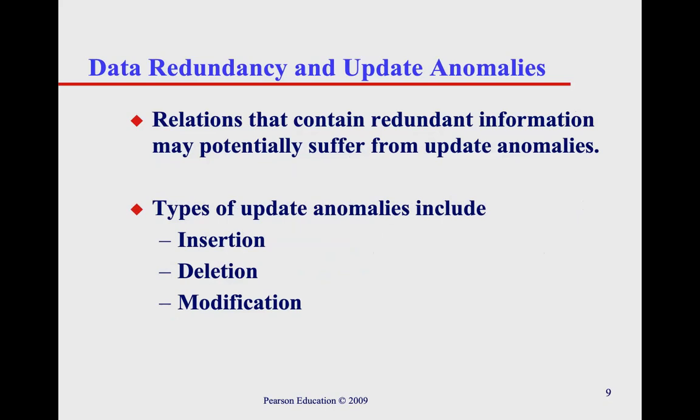Because if you cannot insert an empty branch, it means that you will lose all information associated with that branch if you delete all the staff with that branch. So every insert anomaly has a matching delete anomaly and vice versa.